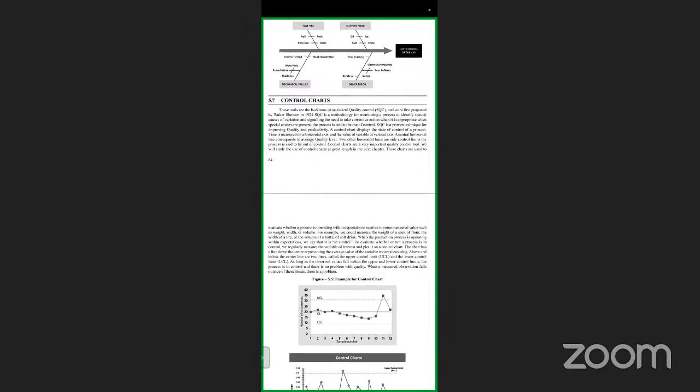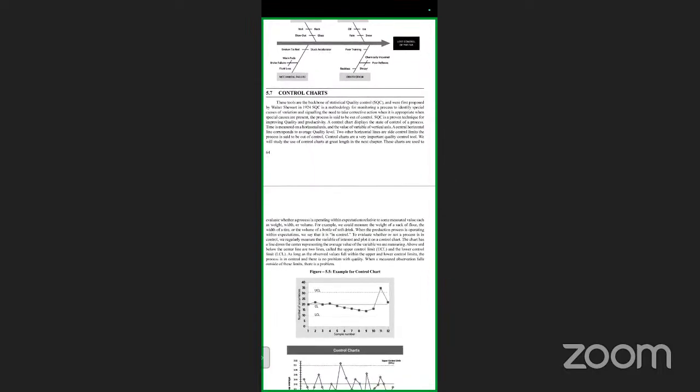In this method, we identify special causes of variation, signaling the need for corrective action when appropriate. We need to identify when special causes are present, meaning the process is out of control.